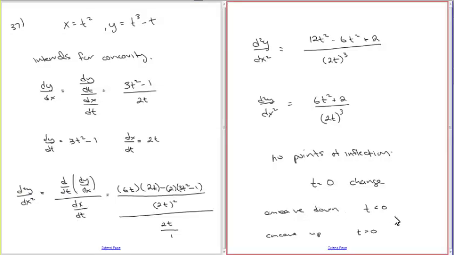Okay, so we said when t was less than 0, we had concave down, which is what actually happened, and when t is greater than 0, it's concave up. So that is the final answer to this problem.